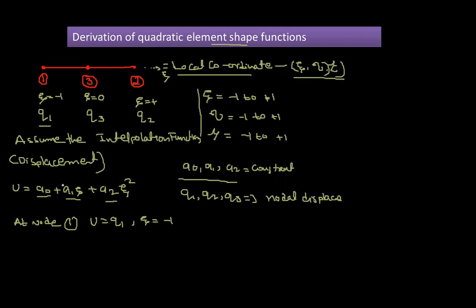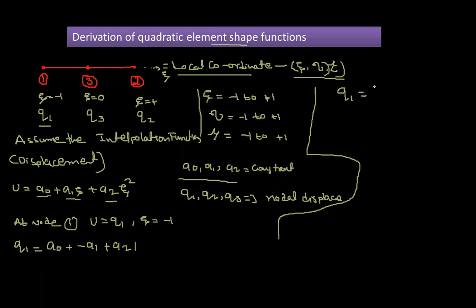Substituting into the interpolation function, u equals q1, which must be equal to a0 plus a1 into zeta, which is minus a1, plus a2 into zeta square, that is minus 1 whole square, equal to plus 1. So q1 is equal to a0 minus a1 plus a2. Let us call this equation number 1.